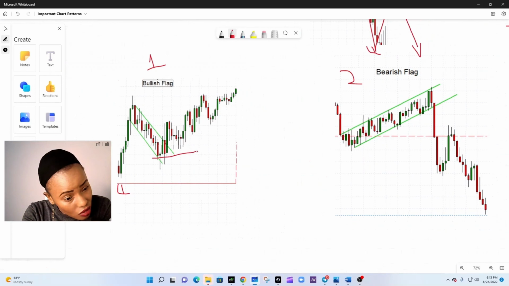You anticipate the price to break out from this flag. How do you know the price will break out from the flag? You are going to see an impulsive candlestick pattern, and you're going to see impulsive moves that will push the price higher. So what do you do when the price breaks out of this trend line?